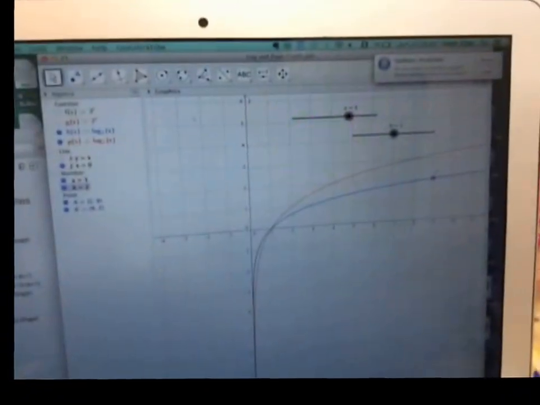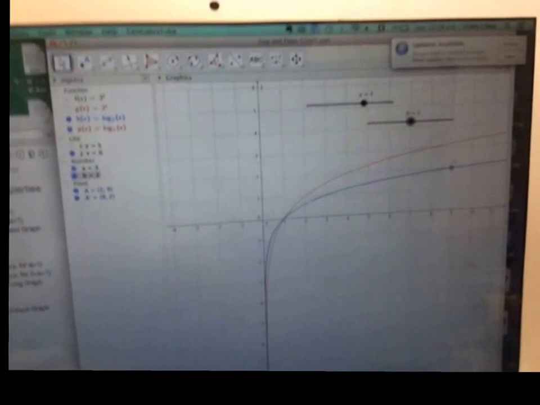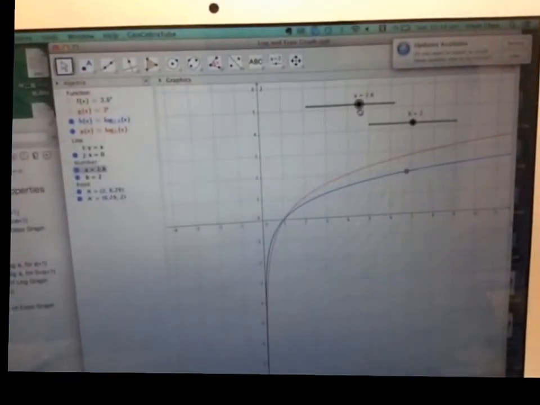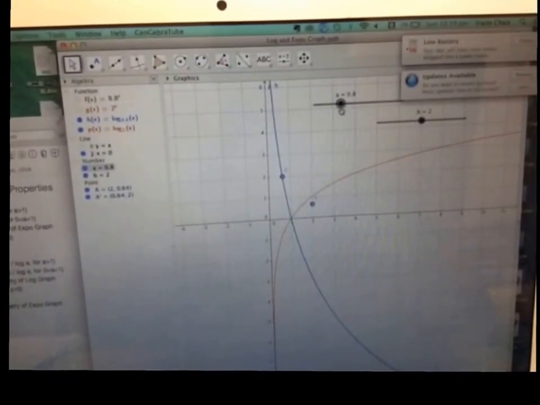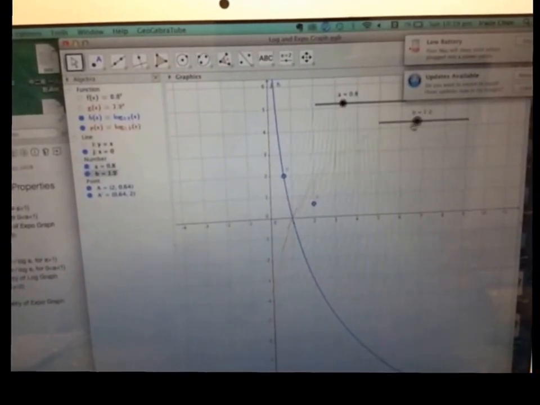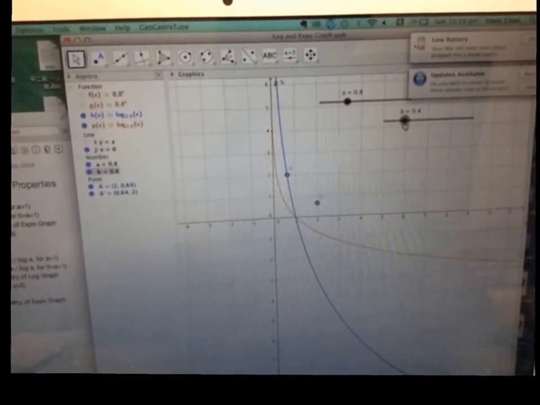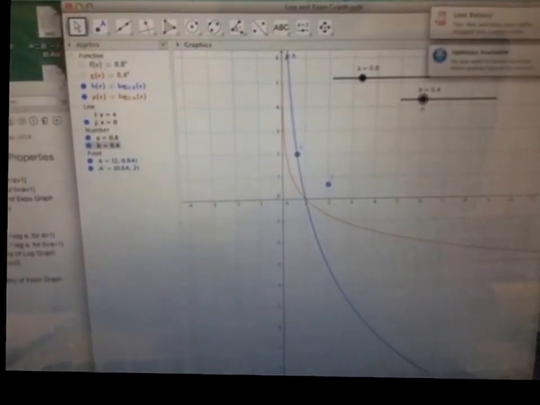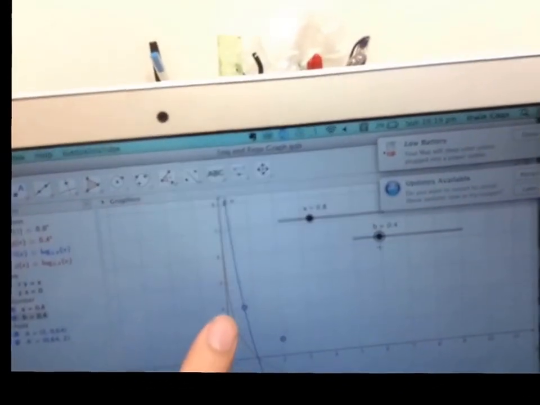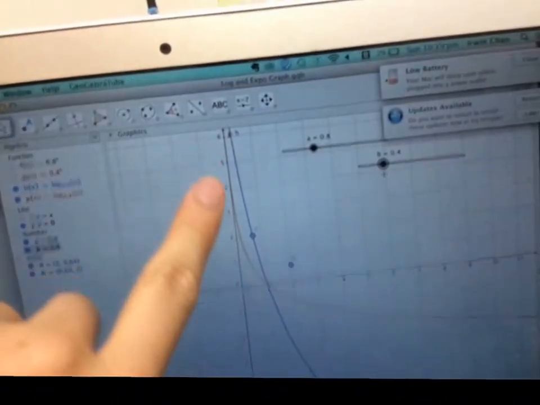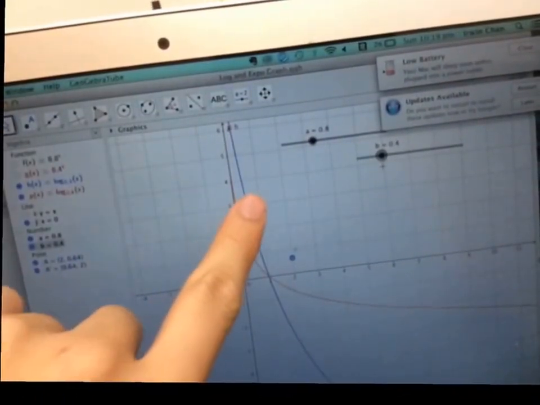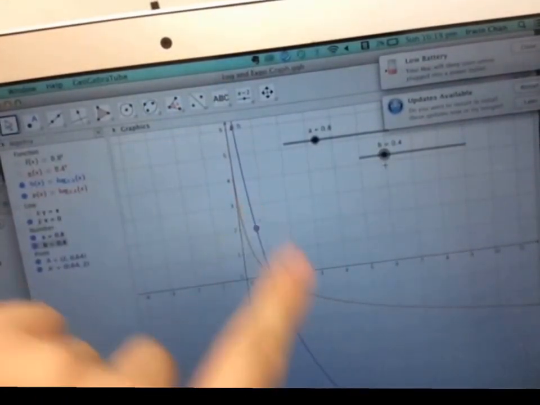When both of them are smaller than 1, between 0 and 1, for example, this one is 0.8, this one is 0.2, you see the case is different. 0.4 is in this direction, 0.8 is this direction. It's higher, this lower.